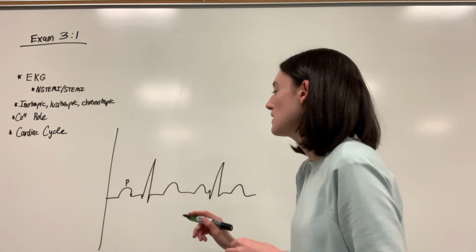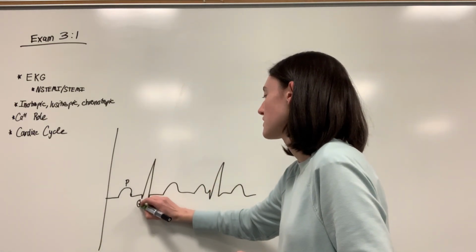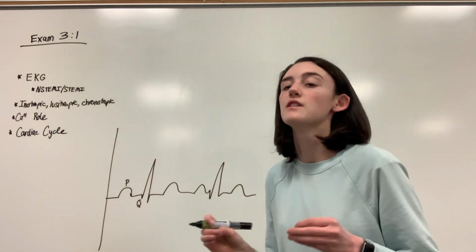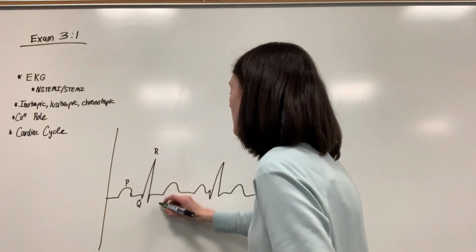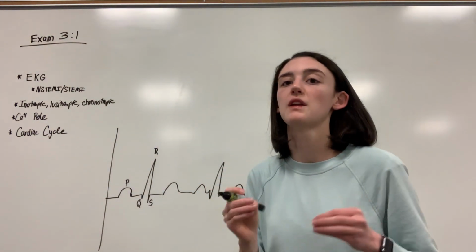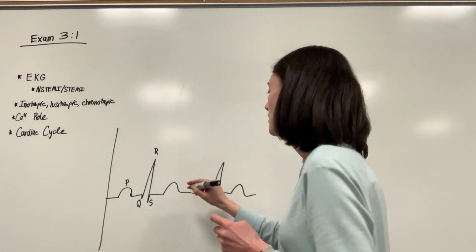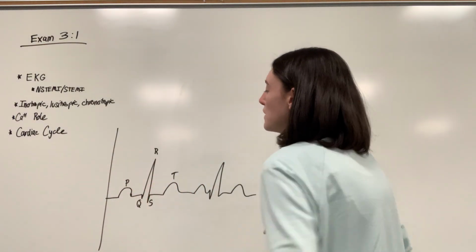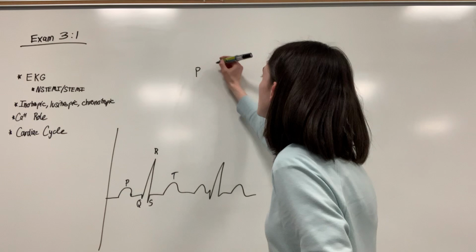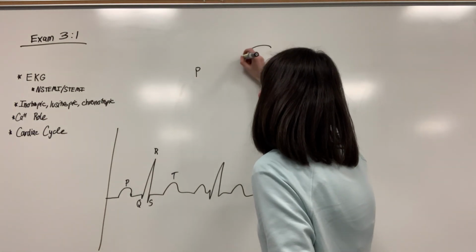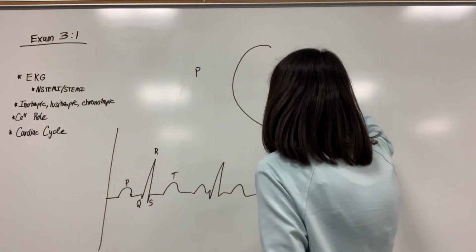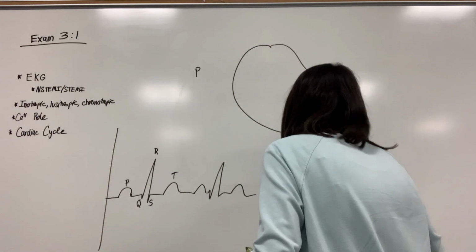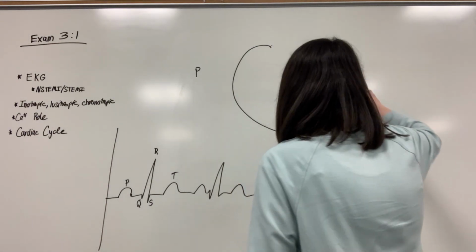Each wave is assigned a letter, and each wave represents what is happening to parts of the heart while it beats. To begin, we have our P wave, which I'm going to draw a heart for. That was a terrible heart, so I'm going to redraw that.